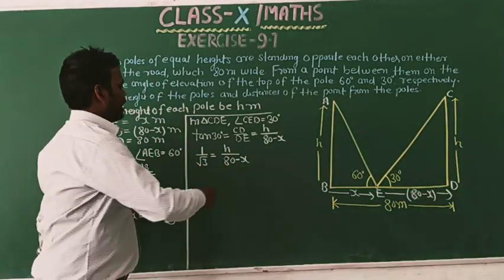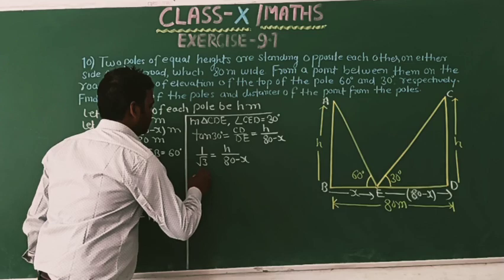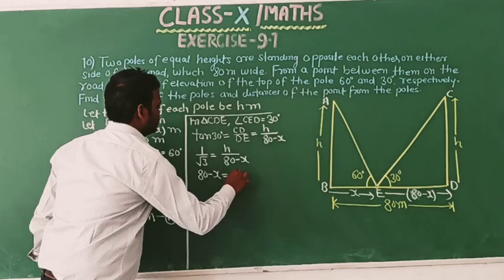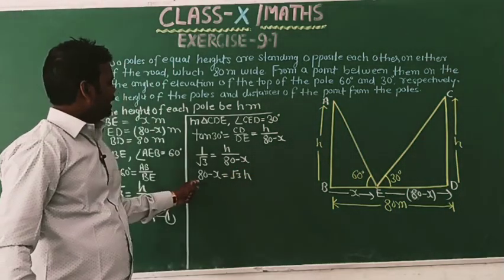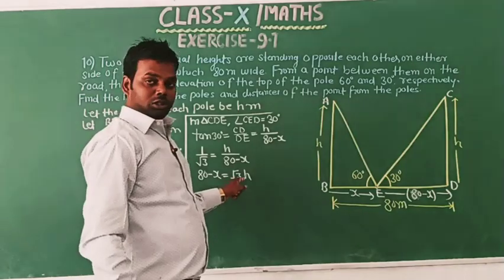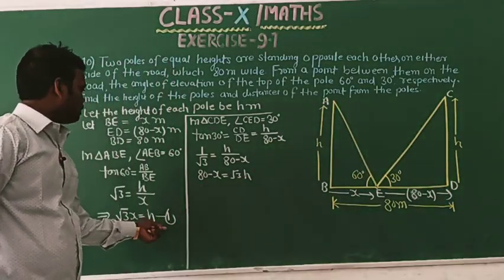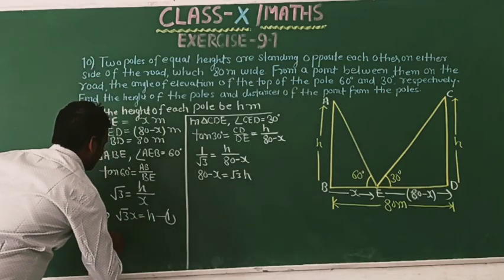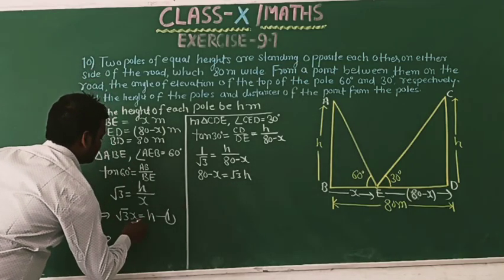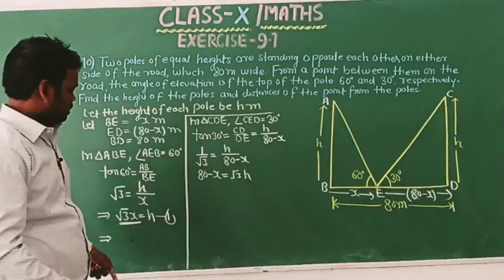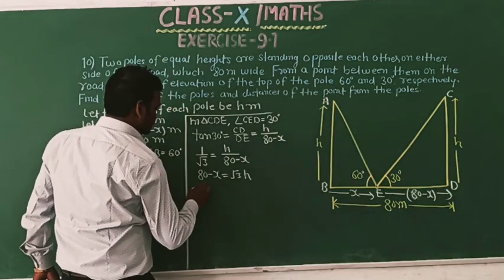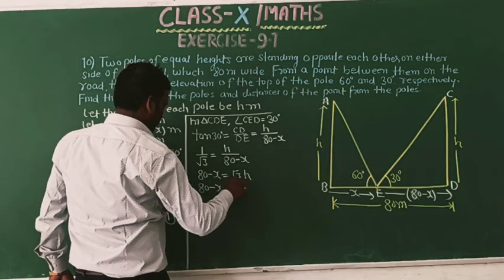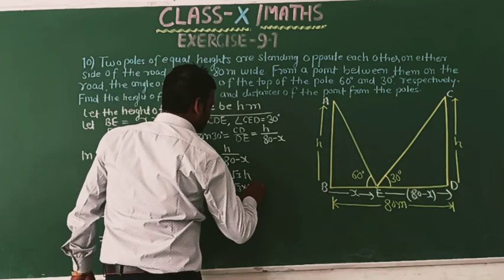Now cross multiply, so this becomes 80 minus x equal to root 3 h. Now using equation 1, the value of h is root 3 x. So 80 minus x equals root 3 into root 3 x.